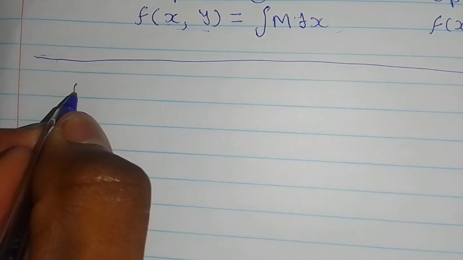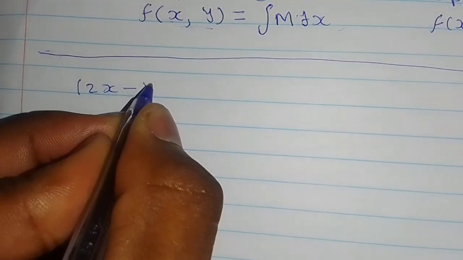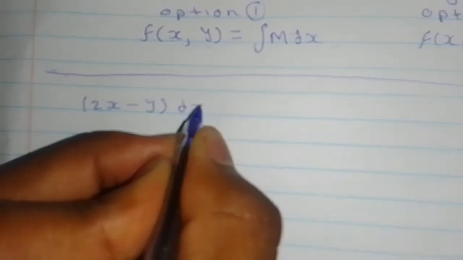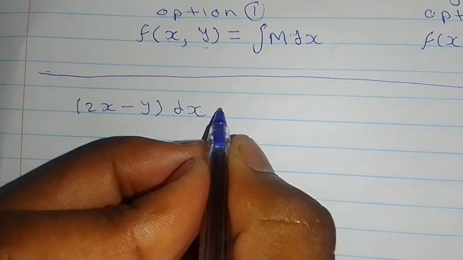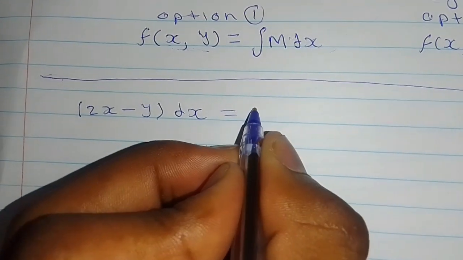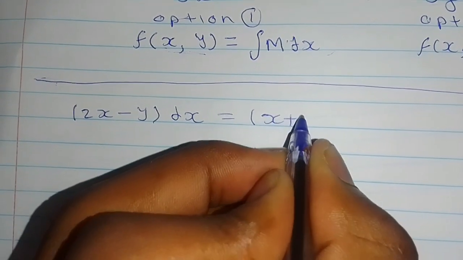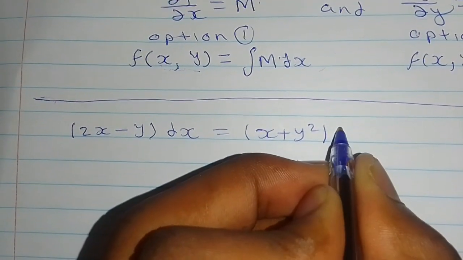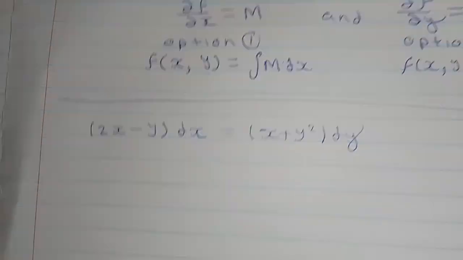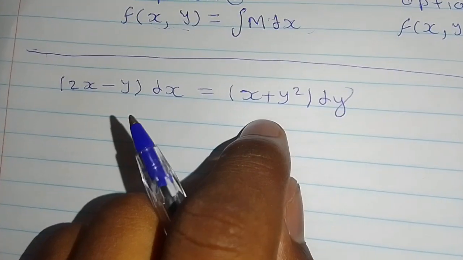Let's say we have 2x minus y dx is equal to x plus y squared dy. In standard form, you need something like this, so please try to have that.